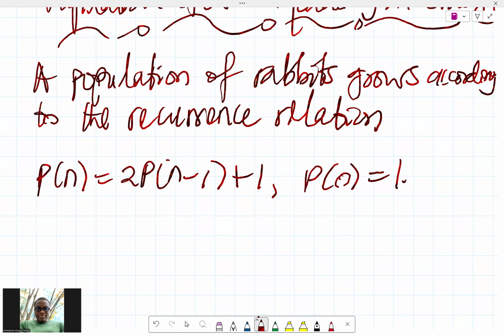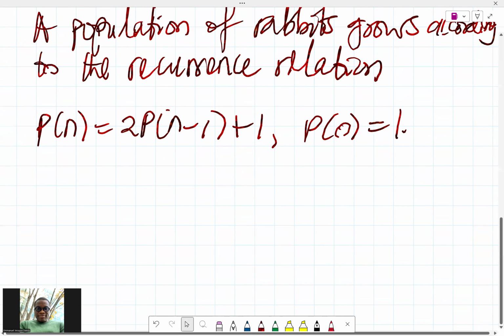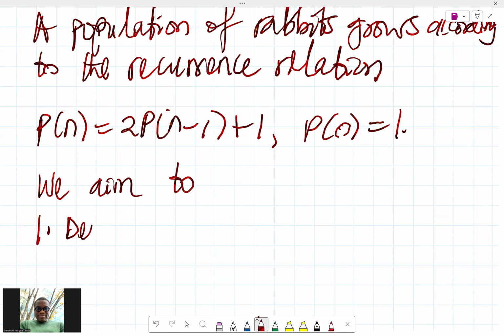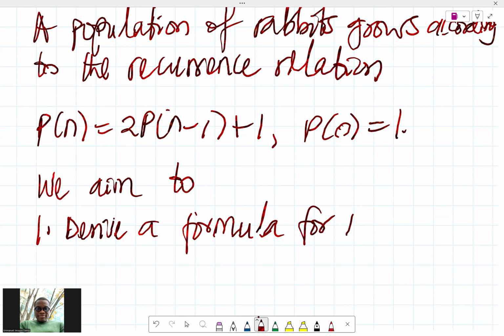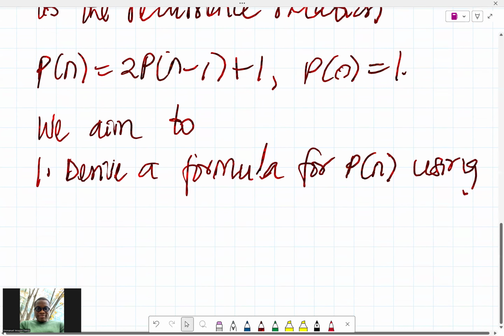With that, we aim to, one, derive a formula for P(n) using generating functions.